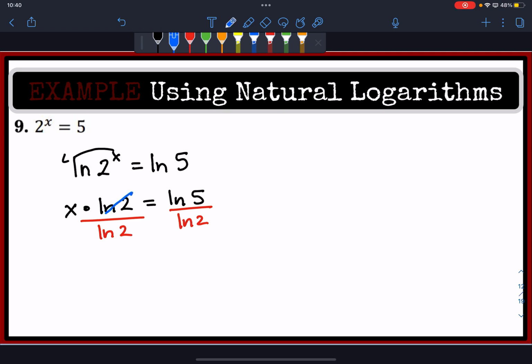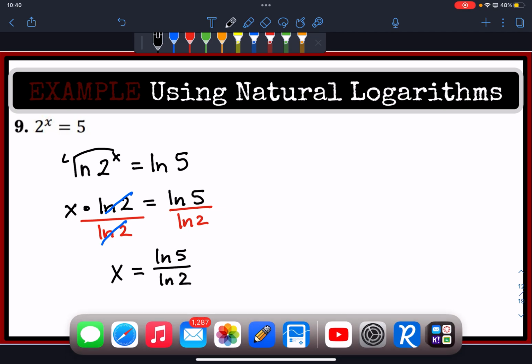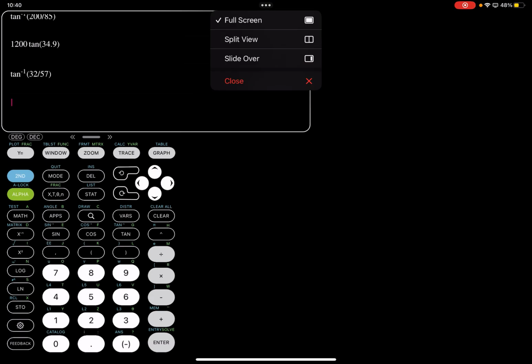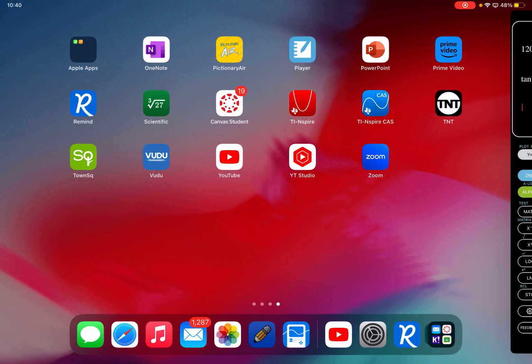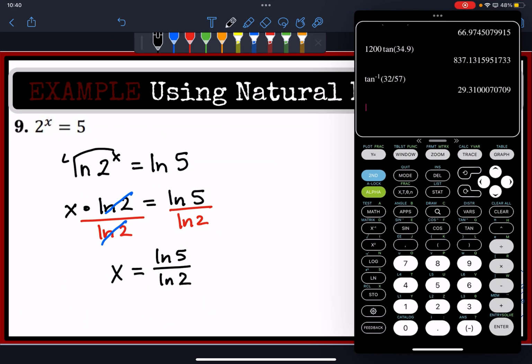That reduces this. This becomes 1. And x equals the natural log of 5 divided by the natural log of 2. So that's our solution. Now let's approximate what the value of this is.